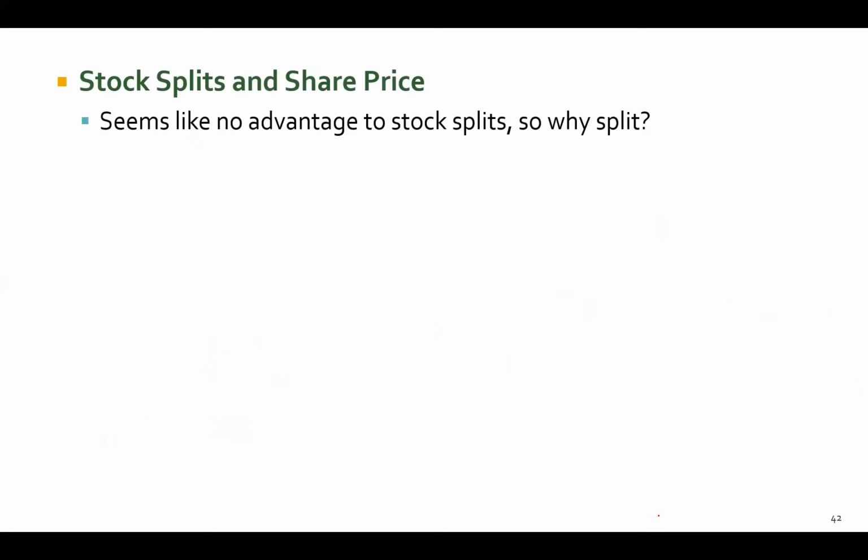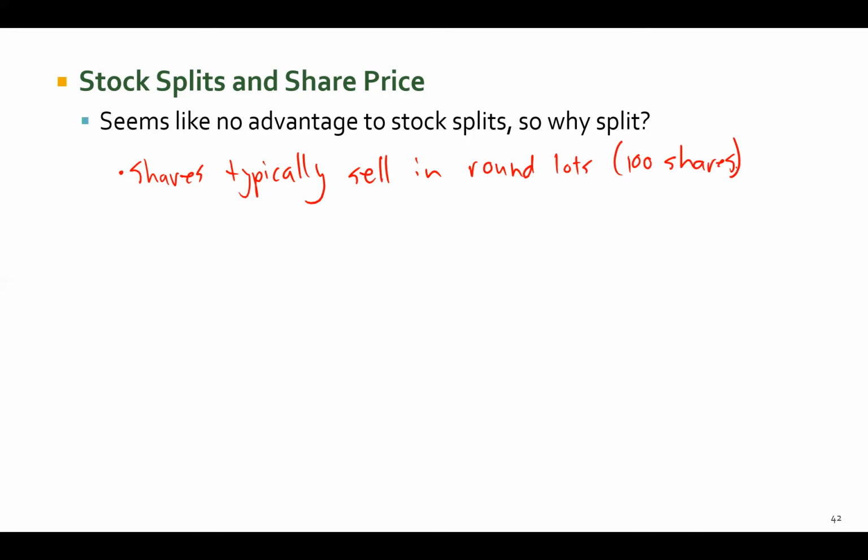So it seems like there's no advantage to splits. The question is, why would a firm split? Some of this has to do with overall costs that investors face. Shares typically sell in round lots, which means they sell in blocks of 100 shares.